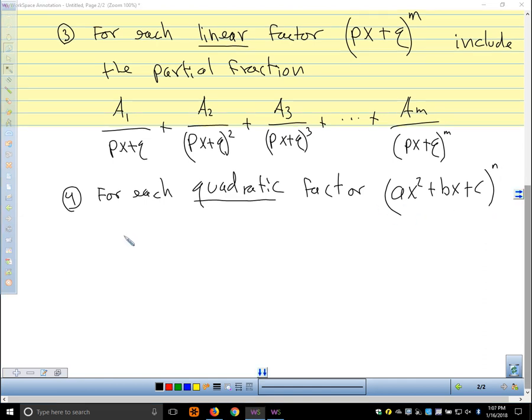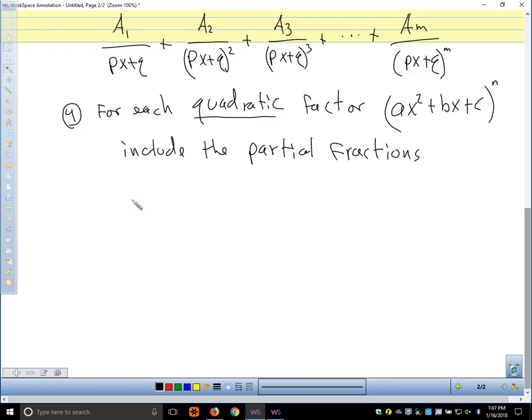We include the partial fractions, I'm going to say fractions because we have more than one. And I'm going to write this one, since we used a's here, we need a linear factor, b1x plus c1, over the first power of that quadratic.